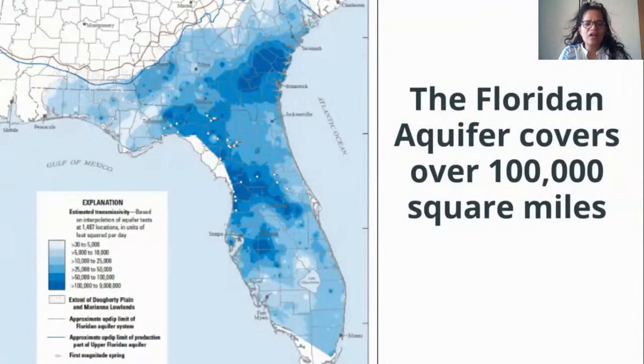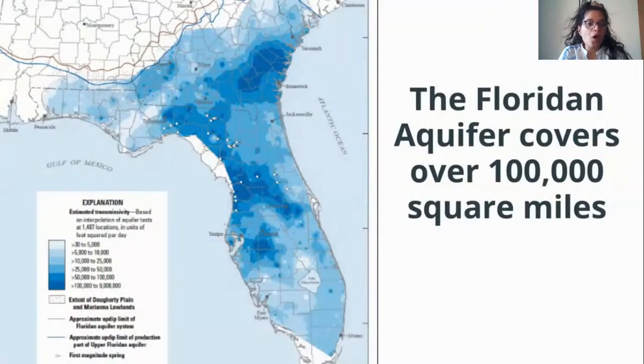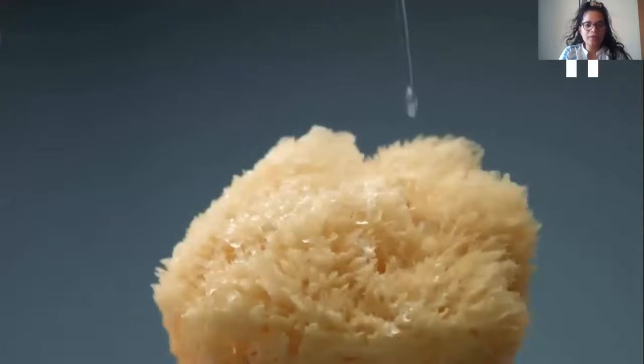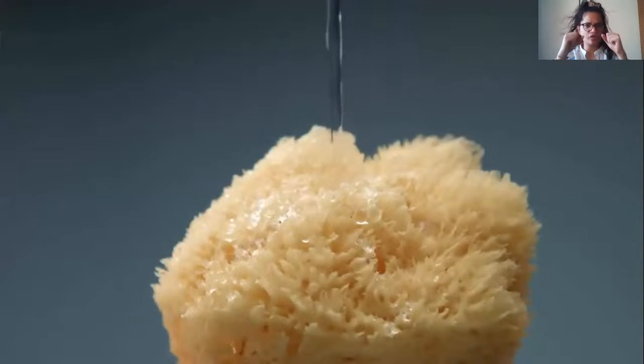Now think of an aquifer like a huge underground sponge that soaks up the water that falls on the surface of the earth. Have you ever put water on a sponge?